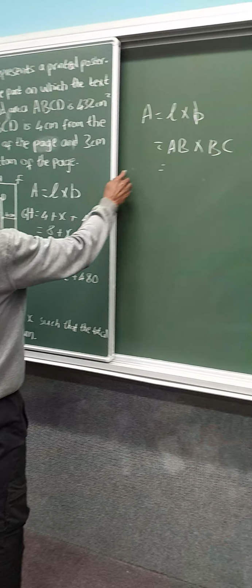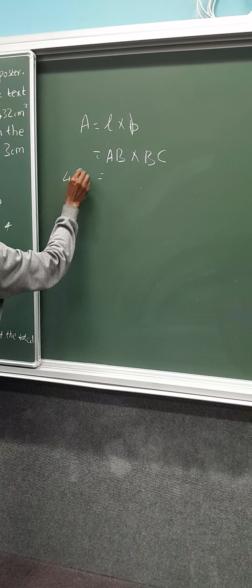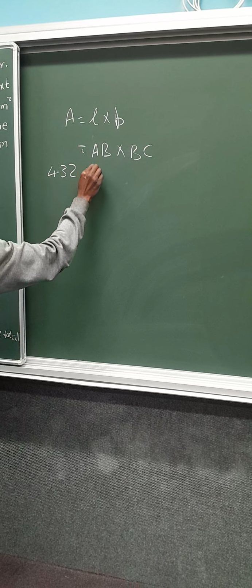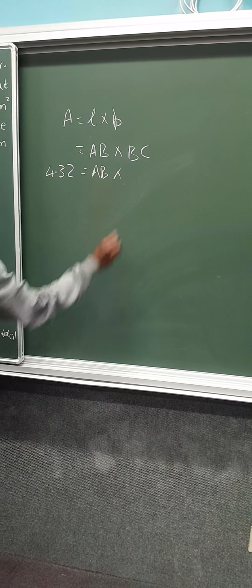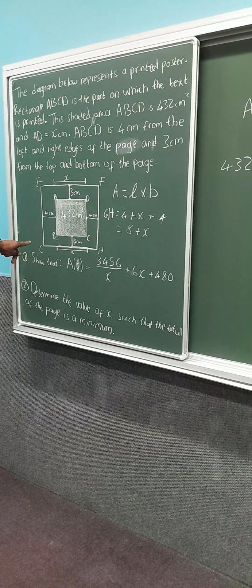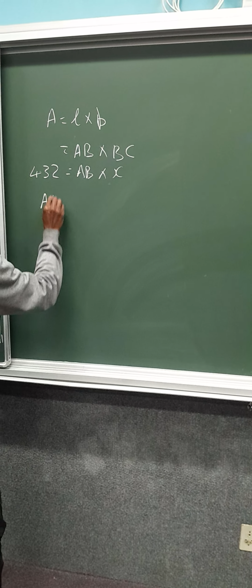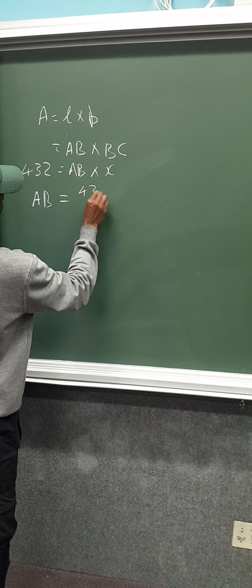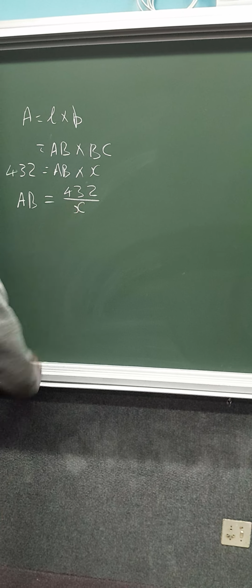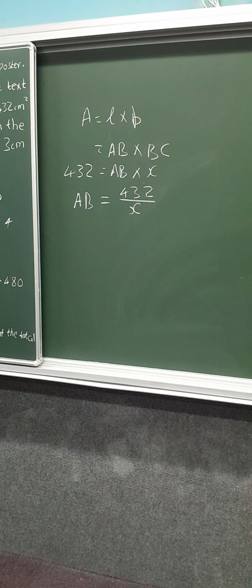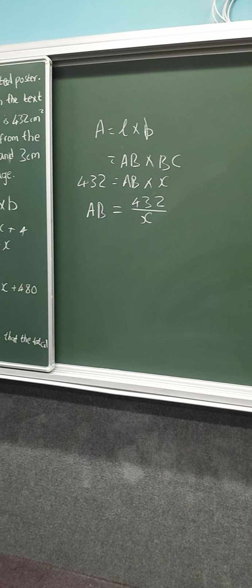However, we know the area. The area is 432. The AB is what we're looking for. And we do know the BC, which is x. So that means our AB is going to be 432 divided by x. This is now the length of AB.